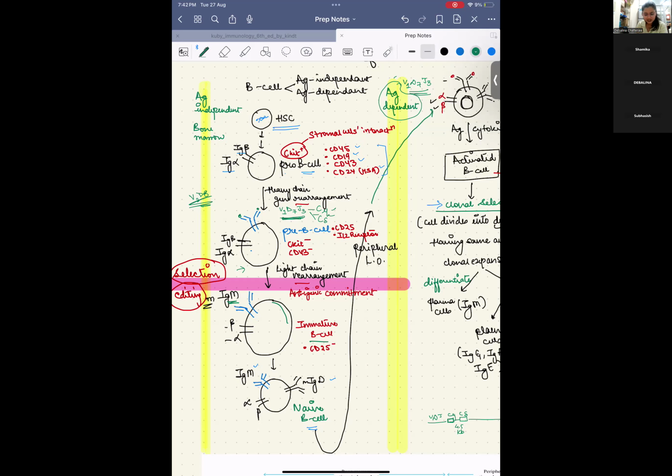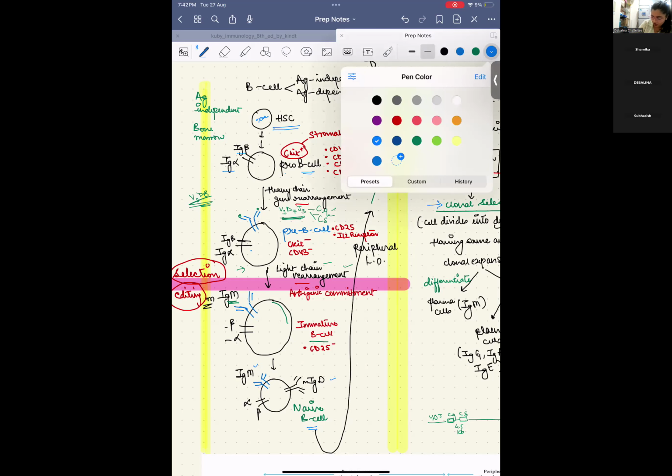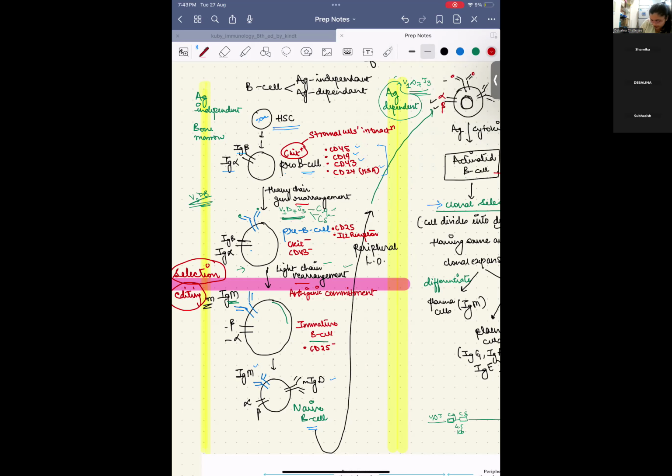सिमिलरली हमारे पास लाइट चेन रीअरेंजमेंट भी आएगा, and maybe that light chain again, this rearrangement can also be of different types, right? Multiple V and J segments can come together, but let's just assume the example of, let's just say, V2 and J9 has come together.